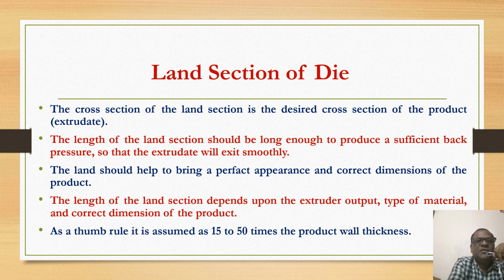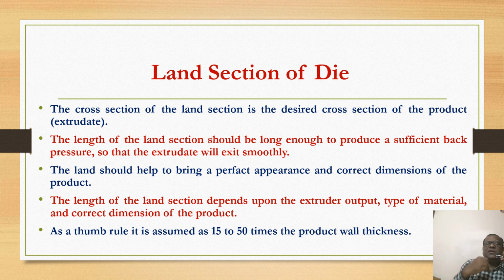So the cross section of the land section, generally it is constant, and it is the desired cross section of the product. What the cross section of the land section should be will be decided by the product, what type of product you are going to produce. So what will be the geometry of your product, the same will be the geometry of the land section.